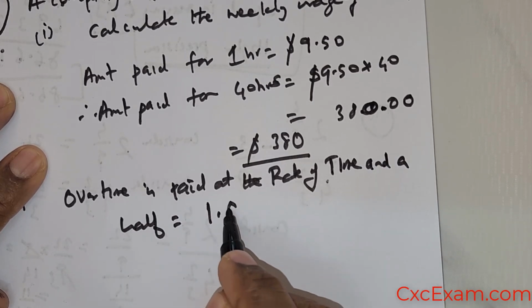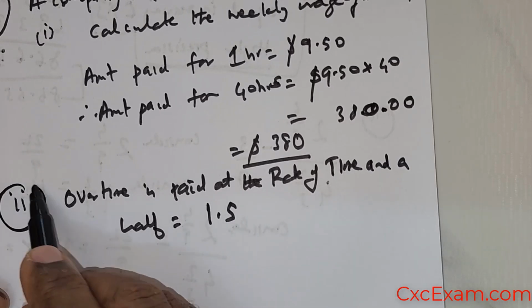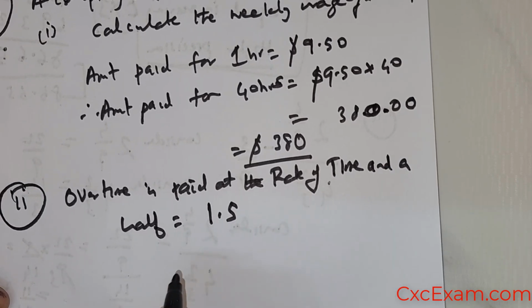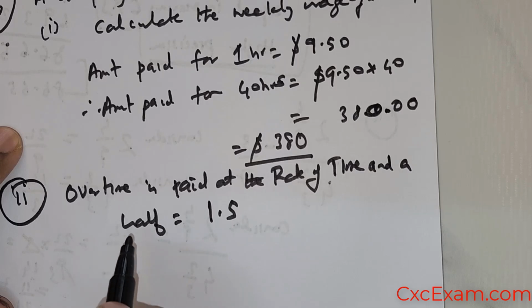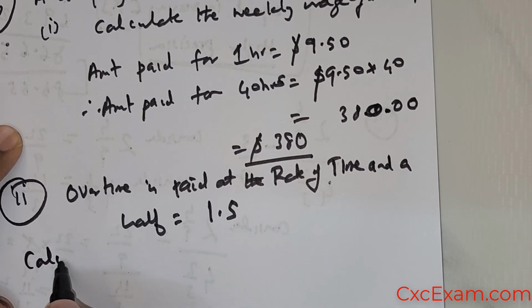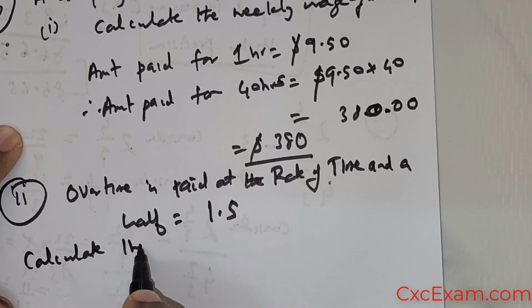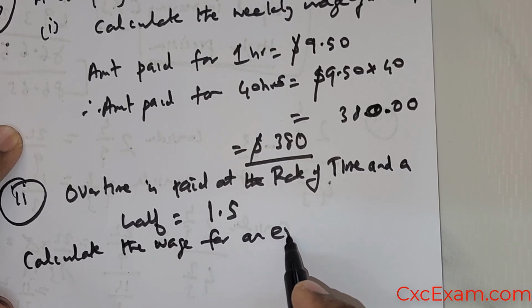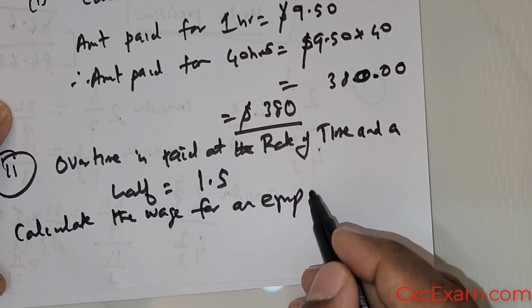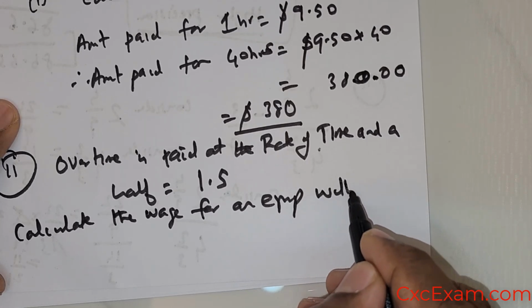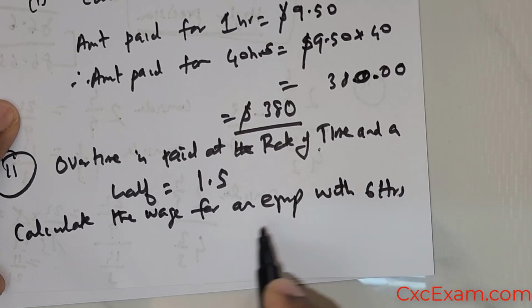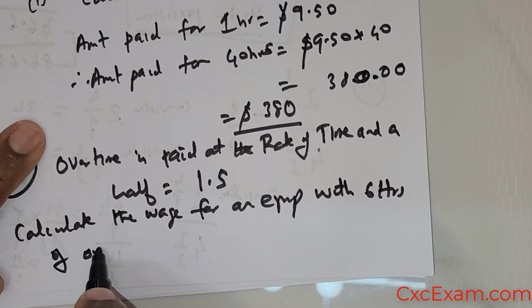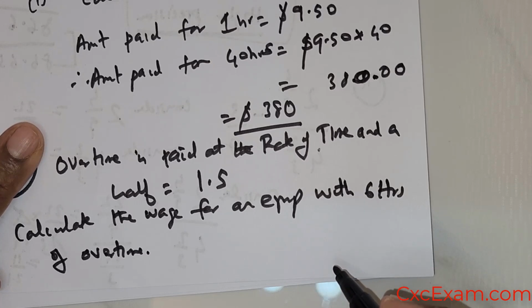This means 1.5. So make sure to get that correct. Now we are asked to calculate the wage for an employee with 6 hours of overtime. So 6 hours of overtime is there.